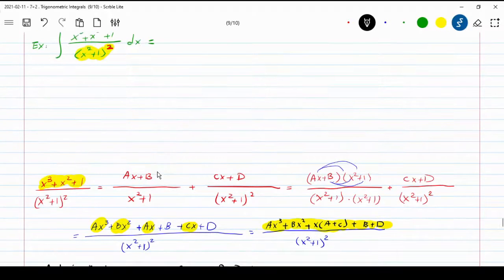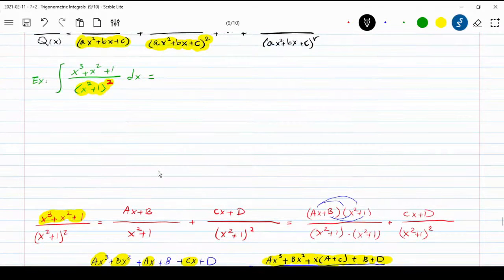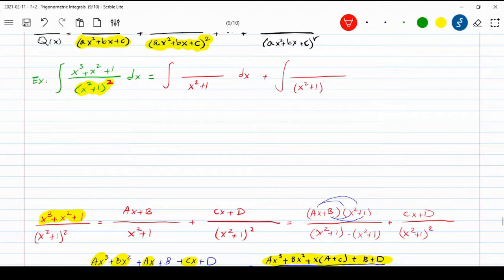So this integral could be written as the integral of denominator x squared plus 1 dx plus the integral of denominator x squared plus 1 squared dx.